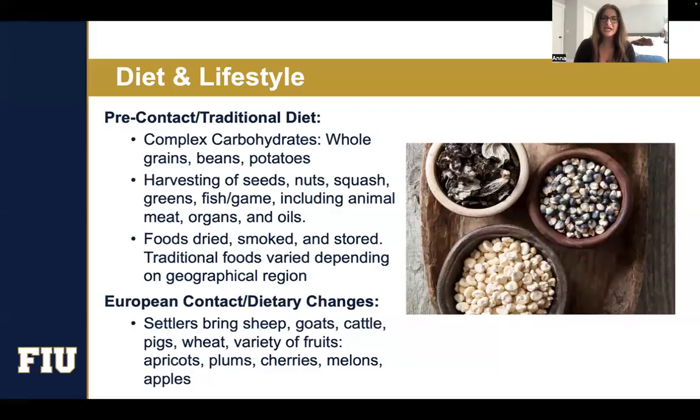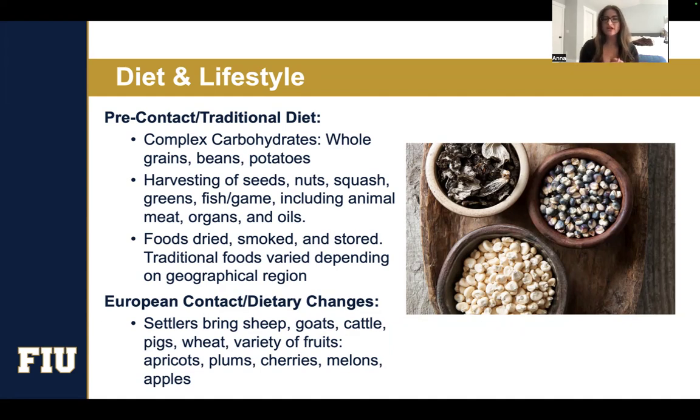So when we talk about diet, let's talk a little bit about traditional historical Native American diets, and then we'll move into current. So before there was any contact with European colonizers, the original indigenous populations generally had a diet that was complex carbohydrates, generally included harvesting seeds, nuts, other fruits and vegetables, and then hunting animal meat and using those organs, oils, and flesh.